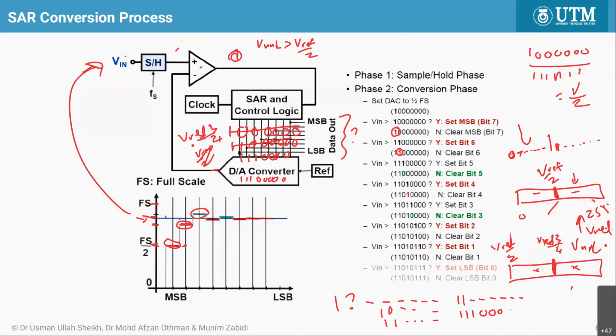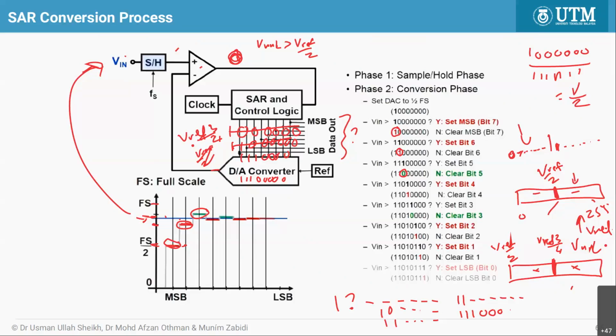But here we see that the blue line is less, so I get 0 here. This 0 gets stored in the result. So for the third bit, I will get 0 here. See this? It's green. When it's green, that means the comparator detects that the value is less, so that value will be locked.